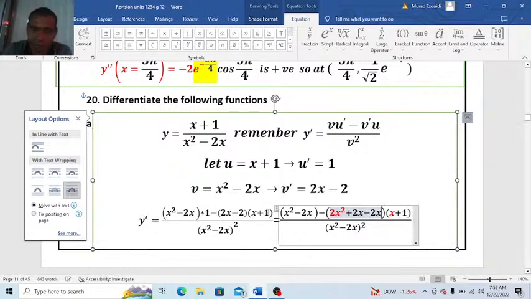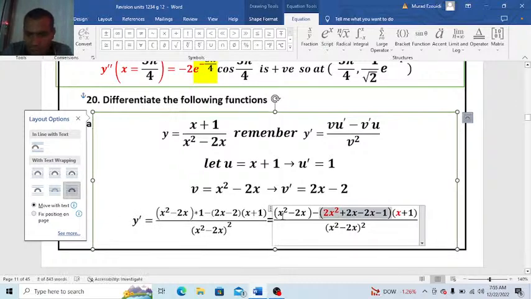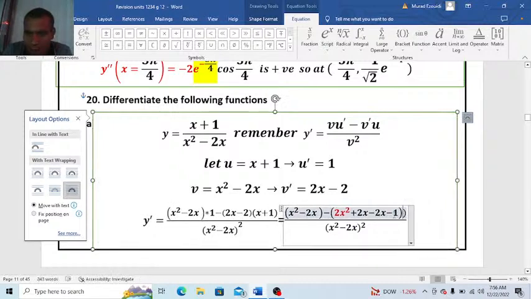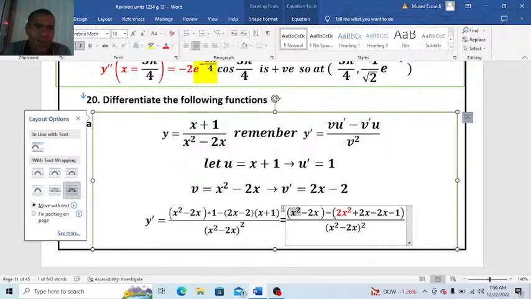Then minus 2 multiplied by positive 1 is minus 1. Now you can see that x squared minus 2x squared will be only minus x squared, because this minus should be distributed or multiplied by 2x squared, then by 2x, then minus 2x, then minus 1.